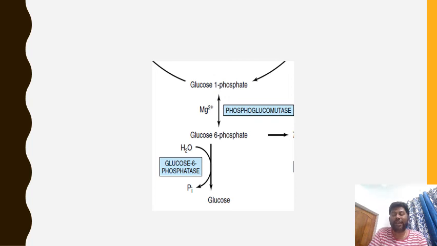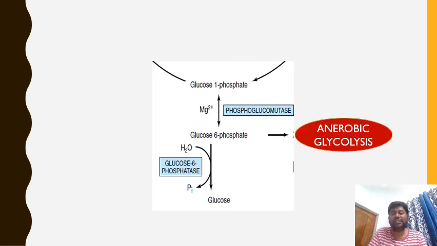Instead, it is oxidized by the muscle cell through anaerobic glycolysis, releasing energy that is utilized for its own muscle contraction. So that is the fate of the glycogen stored in muscle. Liver glycogen can be used for maintaining glucose homeostasis, whereas muscle glycogen cannot be used for that purpose.